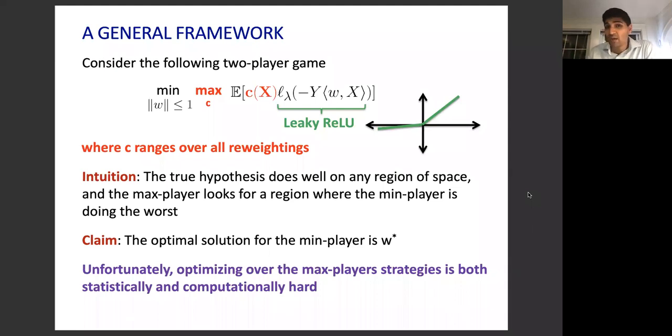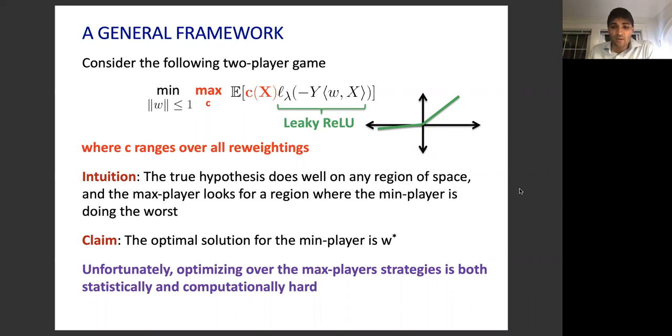That's very tricky because the max player has so many choices of strategies. So this is a good idea, but it's kind of dead in the water right now, because even if finding an equilibrium would solve our learning problem, there's no real sense algorithmically or statistically in which we can meaningfully find the equilibrium of this game.